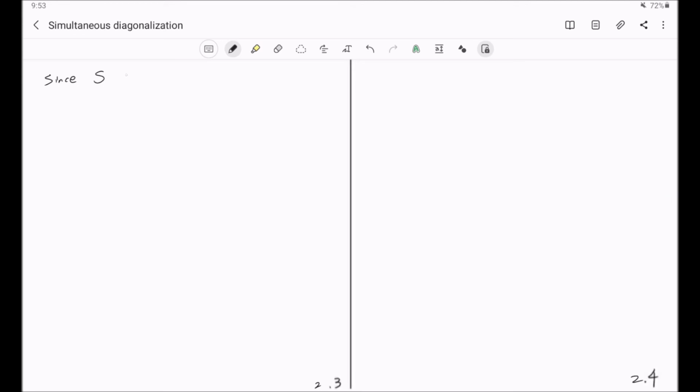Since S is non-singular, this means that the rank of S is equal to n, the full rank.